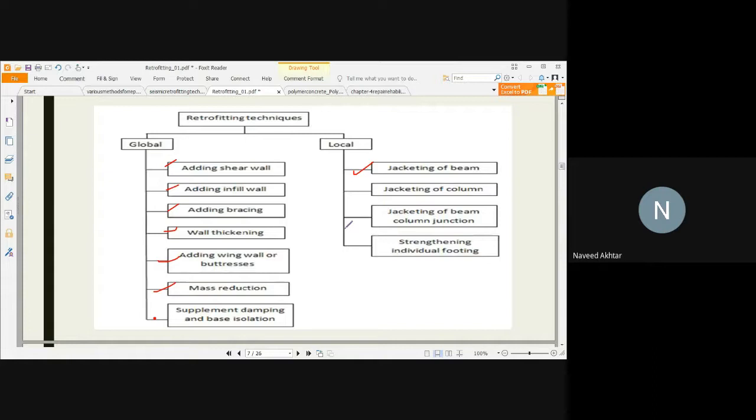Another is local elemental retrofitting: jacketing of the beam, which you have seen already in the previous slides, jacketing of the column, jacketing of the beam-column junctions, which is very important, and strengthening of individual footings. All these come under the retrofitting techniques.